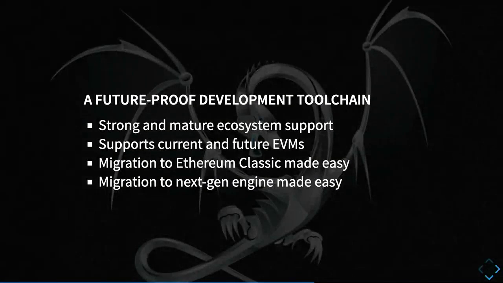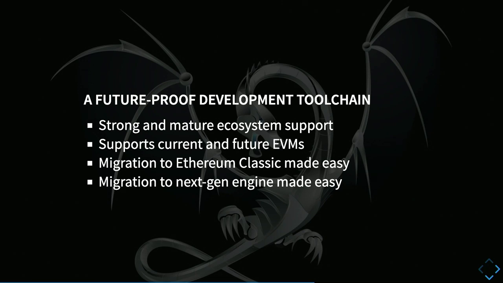So let's say today you base your development on the EVM LLVM toolchain. What can you get? Of course, you get strong and mature support, industrial-level quality code, and thousands of people supporting it in the online community. We're also committed to supporting current and future EVM versions.